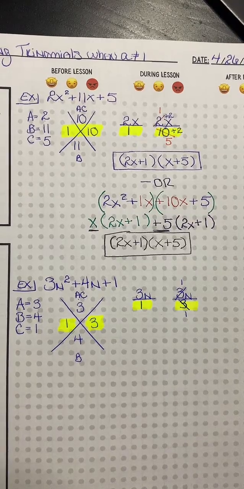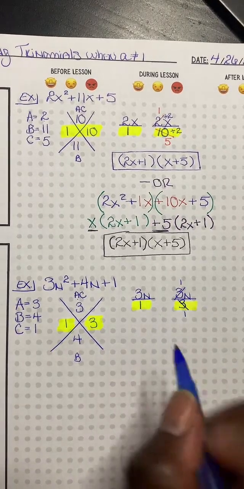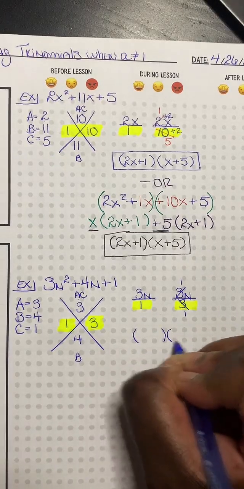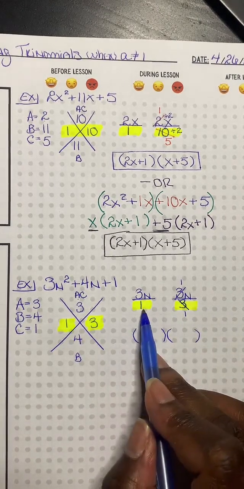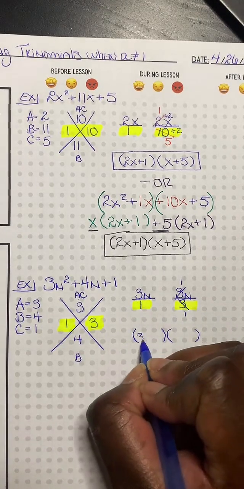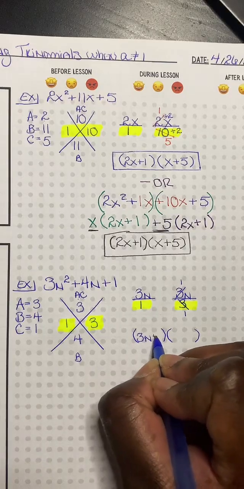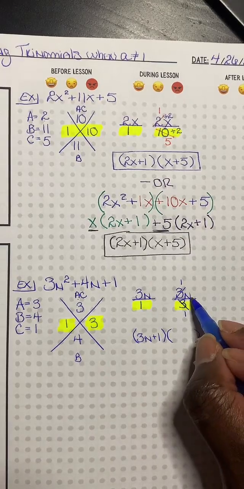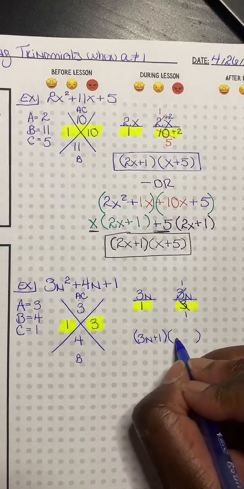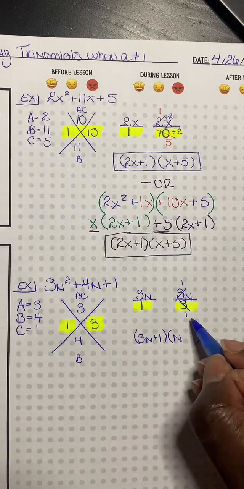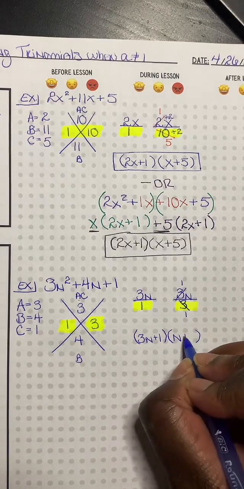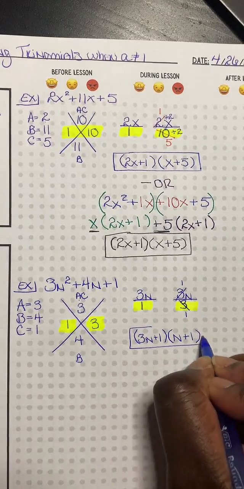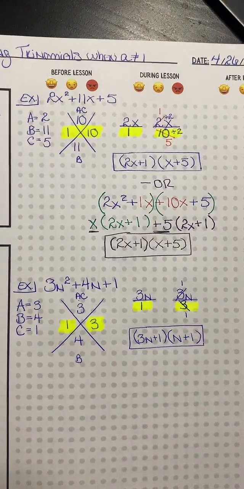These 2 ratios are my 2 parentheses. The first parenthesis is 3n plus 1. And the second parenthesis, with us reducing it, will be 1n, or just n, and it's a positive 1, so you put plus 1.